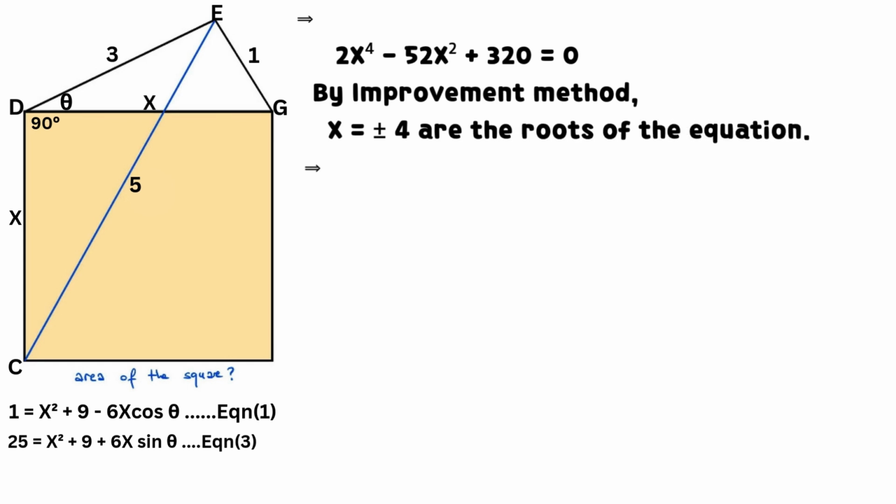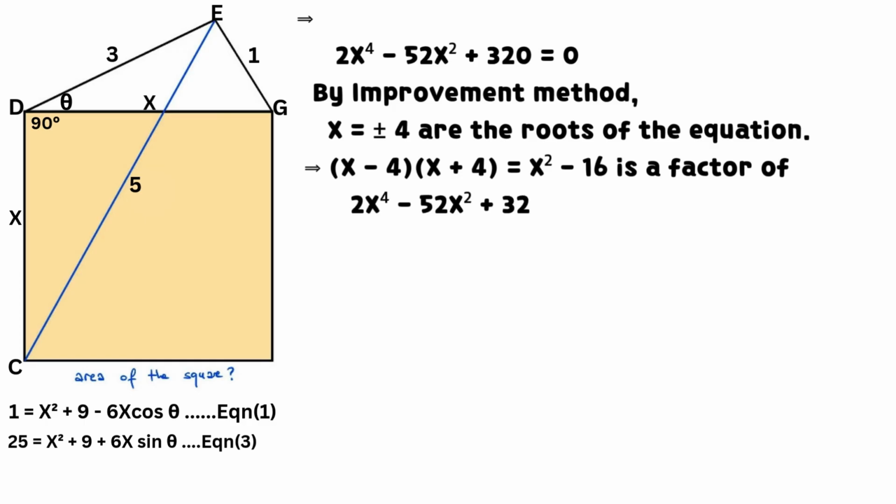By the inspection method, x equals plus or minus 4 are roots of the equation. This implies that the product of x minus 4 and x plus 4, which equals x squared minus 16, is a factor of 2 times x to the 4th power minus 52 times x squared plus 320 equals 0.